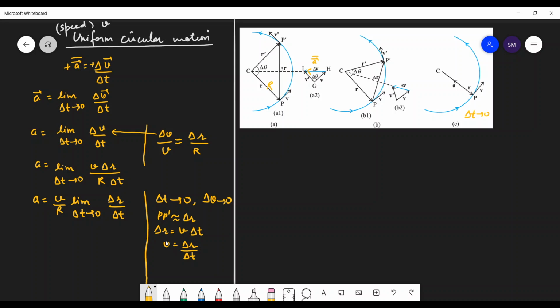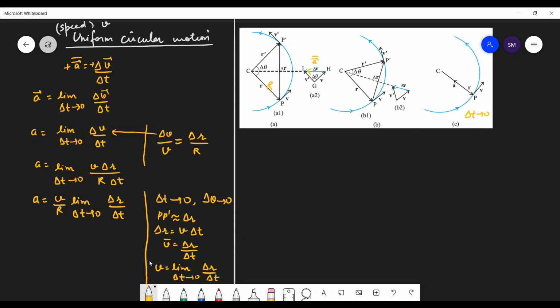So it doesn't matter whether I put average over here or not. But still, if this is average, it becomes instantaneous when limit delta T tends to 0.